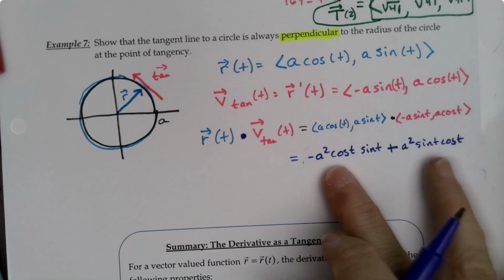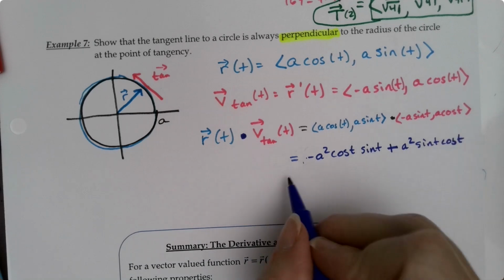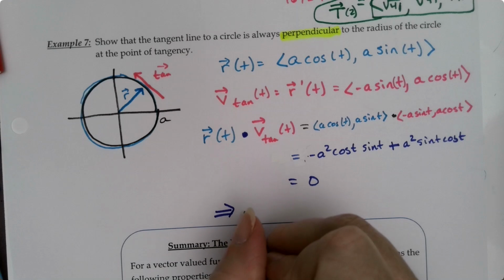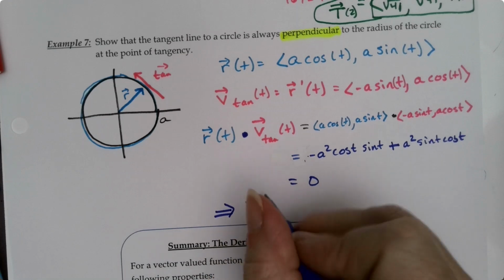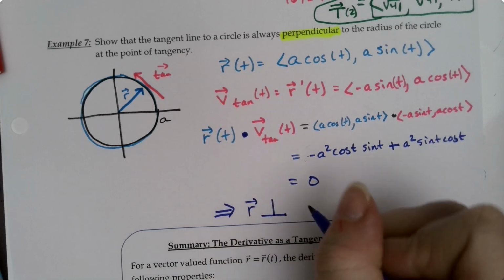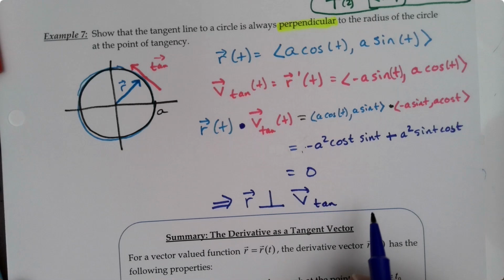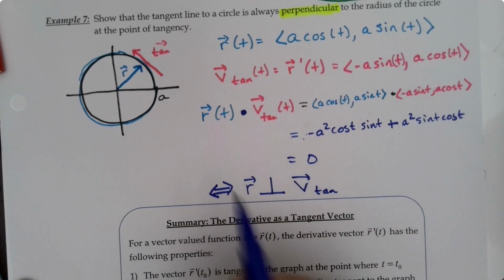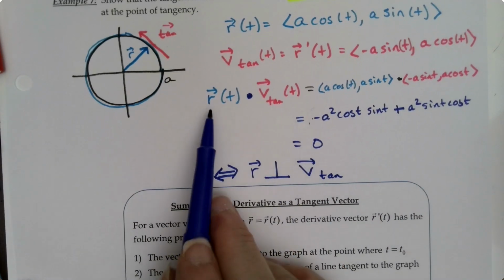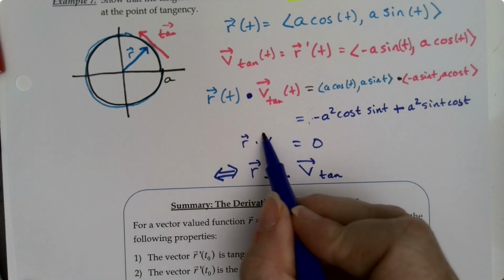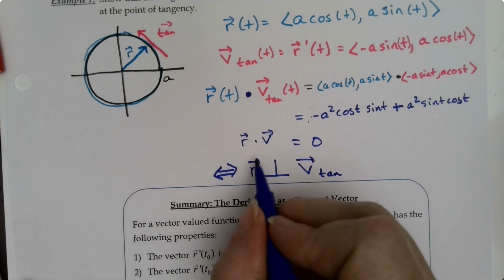Those are the same thing, but one's negative and one's positive, and therefore it's 0. And that means that r is perpendicular to v. As we learned in the dot product section, the dot product is 0 if and only if they're perpendicular.